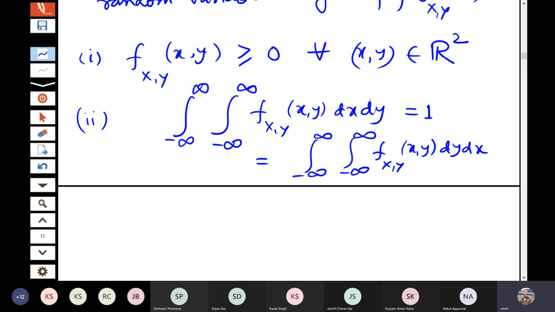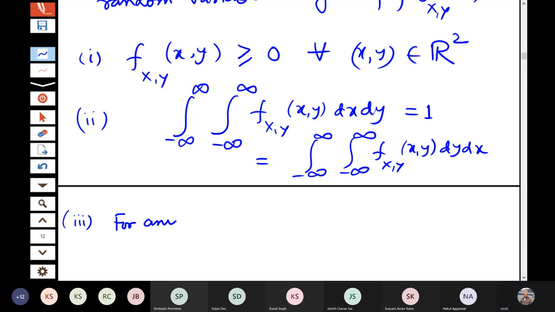And the third property in the case of one variable was that if we consider the probability of any set on the real line, then the probability of that set is nothing but the integral of the density function over that set. So the same thing is true in the case of this also.